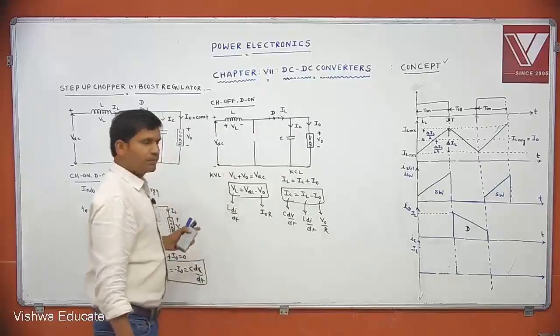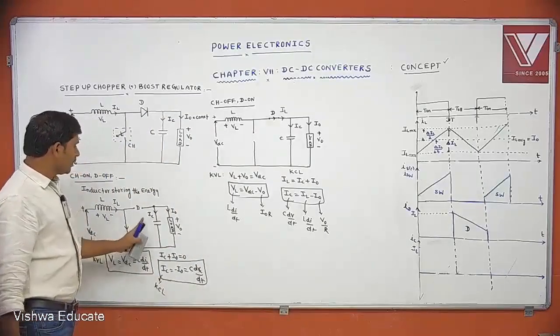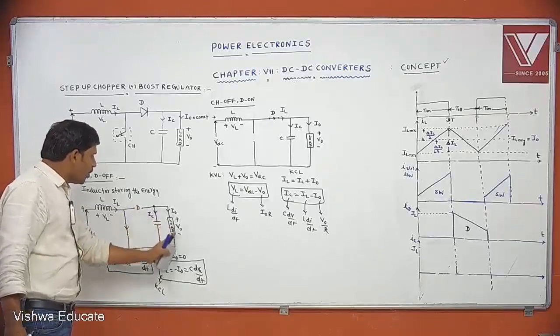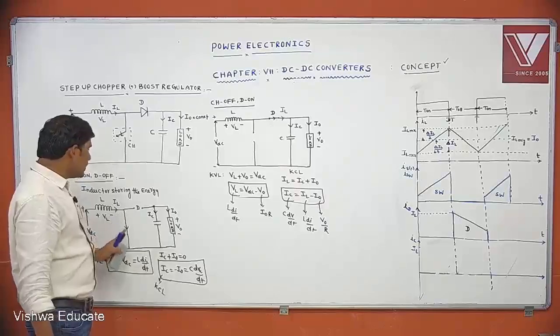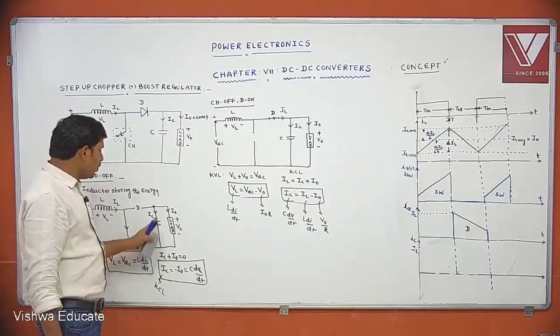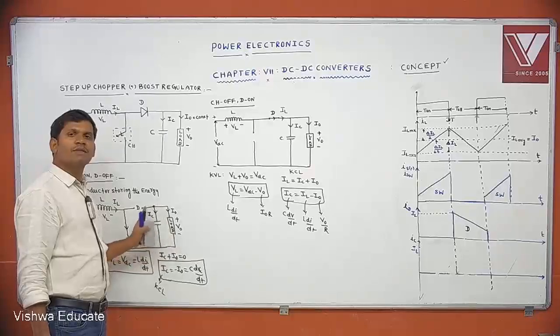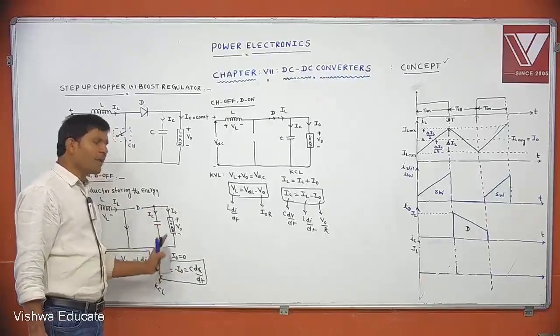Listen please. If the chopper is on state, this circuit is completely disconnected, you have this circuit only. That means if the switch is on state, who supplies the current to the load? Capacitor is supplying the current to the load.